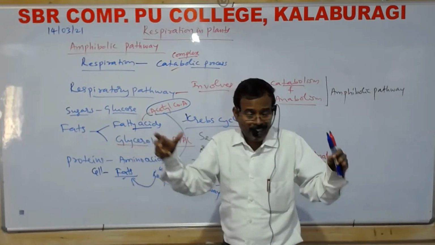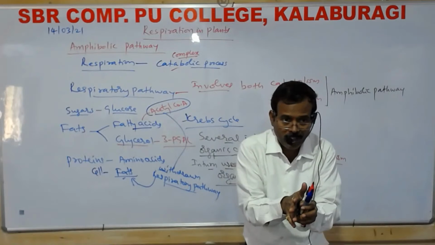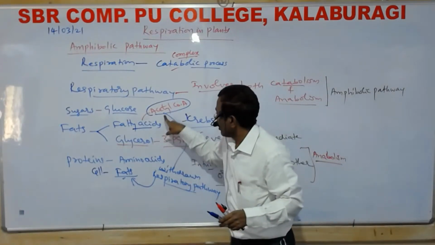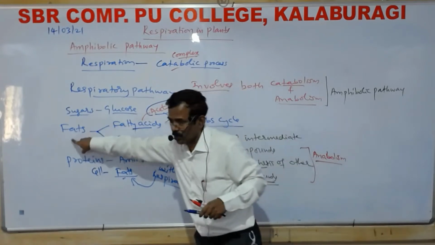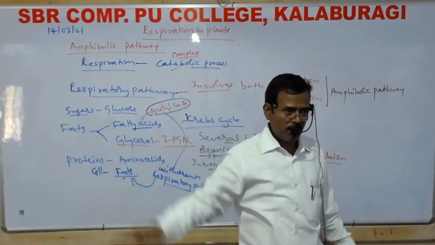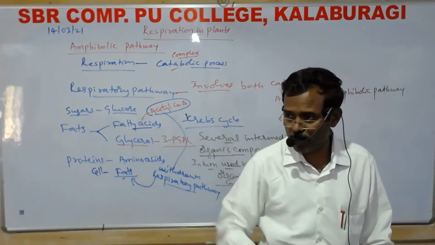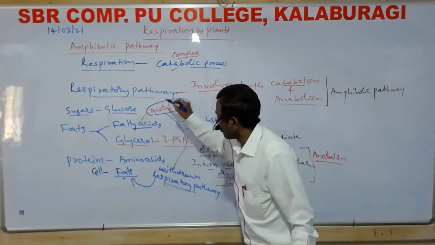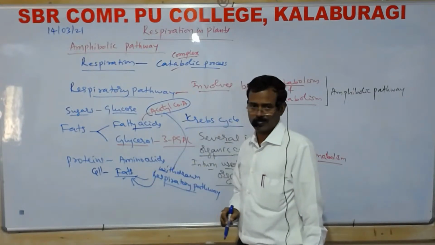Suppose the cell is in need of fats now, and the external source of fat is not there. Then what is there? Acetyl coenzyme is there. This has been produced after the breakdown of fats. So this acetyl coenzyme, which is taking part in the respiratory pathway, is withdrawn from the respiratory pathway, and in turn it can be used in the synthesis of fats.